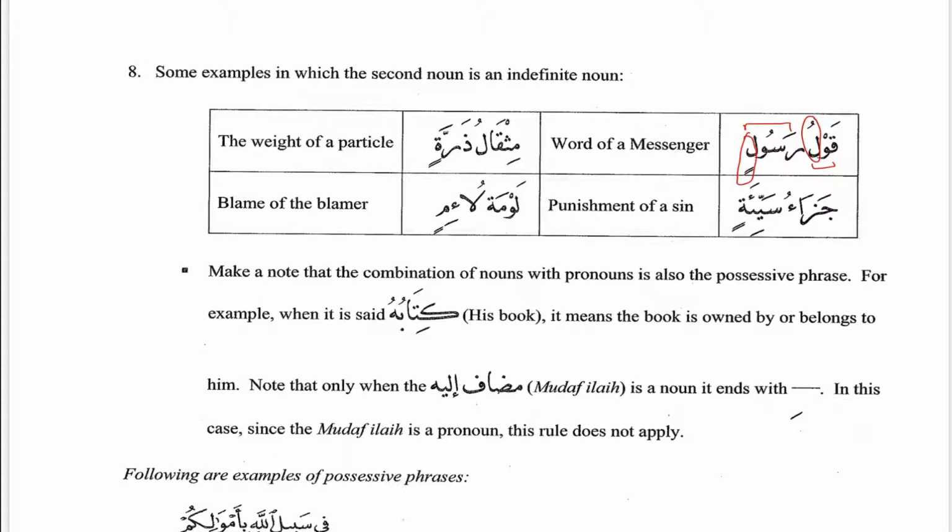So qawlu rasulin, qawl of rasul. Misqala zarratin, weight of a particle. Misqalu zarratin. Again, the first is indefinite and the mudaf ilaih is also indefinite, but it has a kasra.